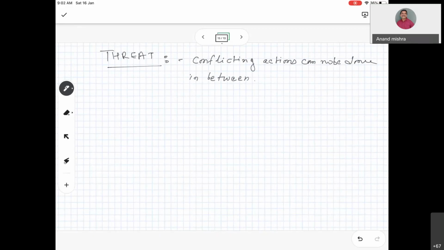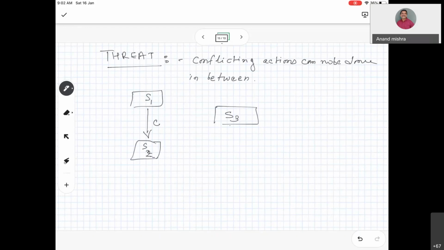So you have, let's say, S1 and S2. There is a precondition C, which is for S2 to happen, but there is another step which is S3.